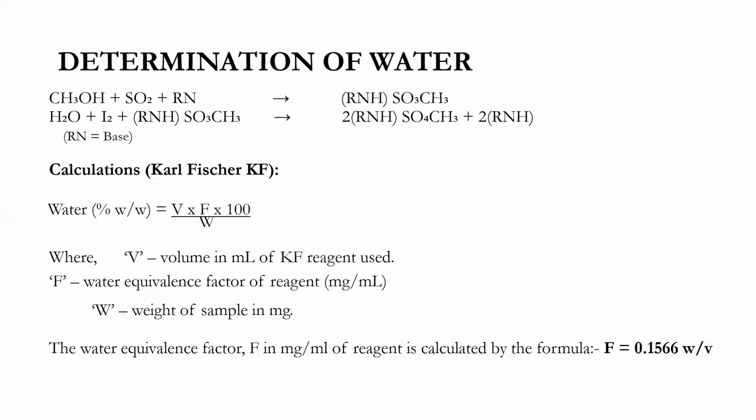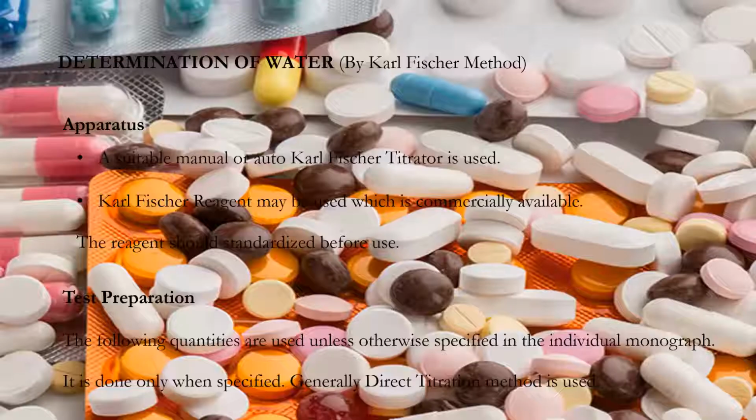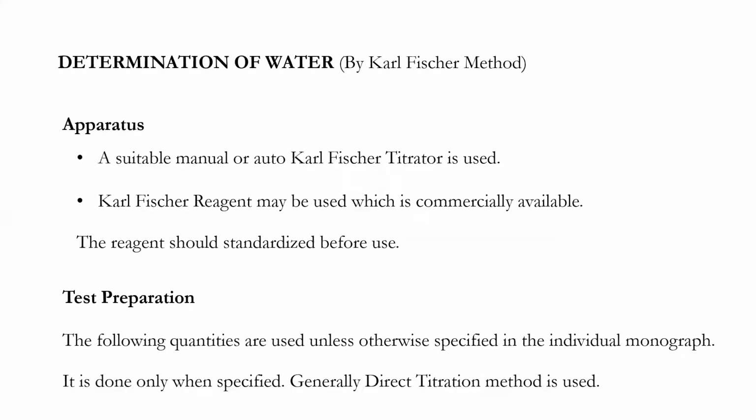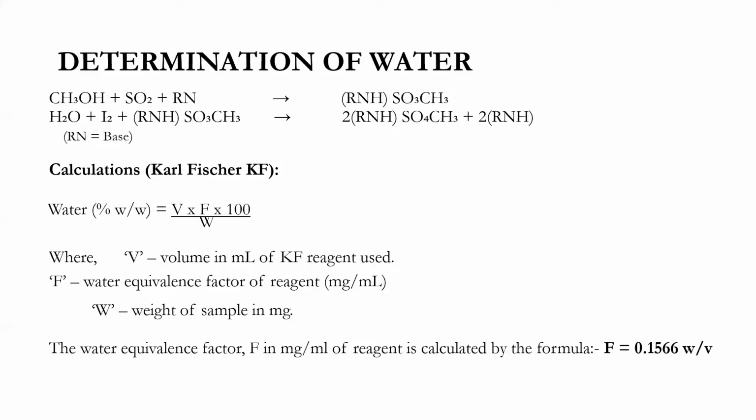And here is the formula. After putting in the Karl Fischer reagent, whatever we need to weigh, and after weighing, we need to take the sample volume also. Volume of KF reagent utilized for the determination of water. You can see the reaction, where Rn is the base, whatever we are going to use.